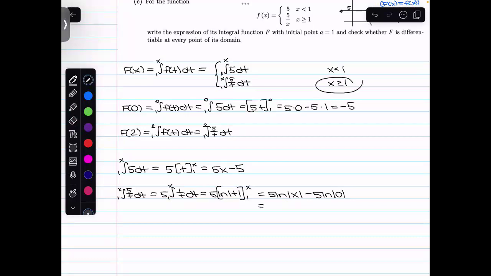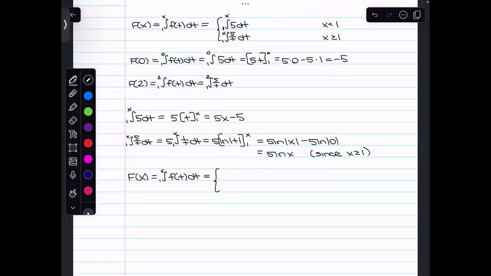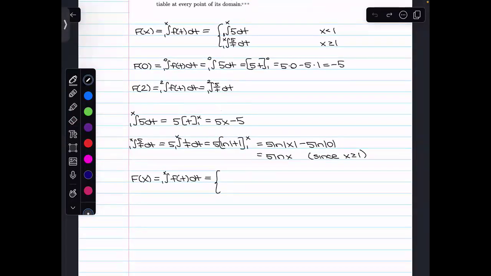And since we know here that x is greater or equal to 1, we can take away the absolute value. So our integral function is going to be 5x minus 5, and then 5 ln x.